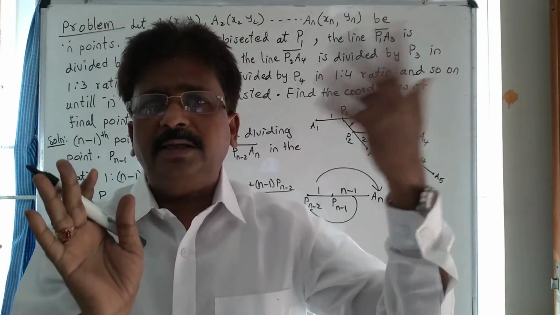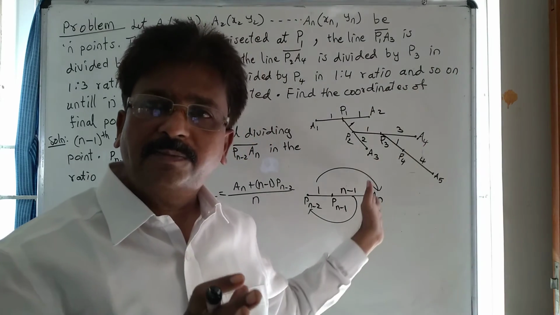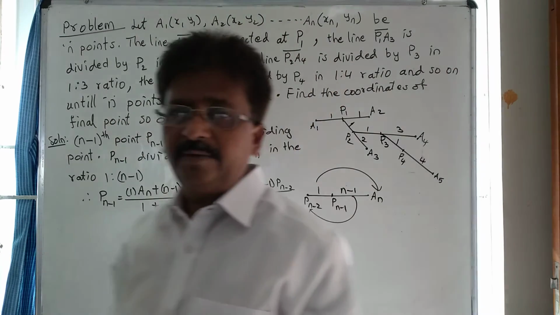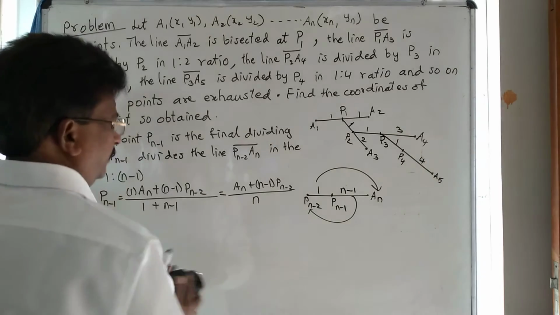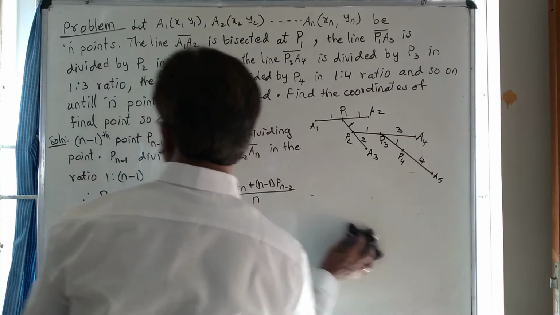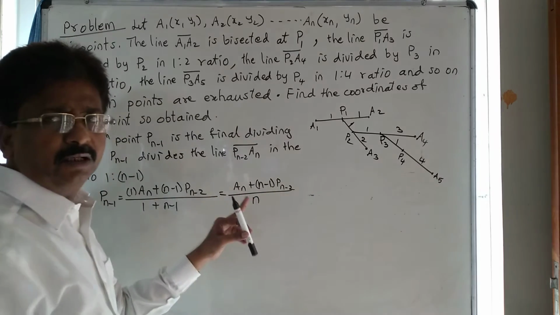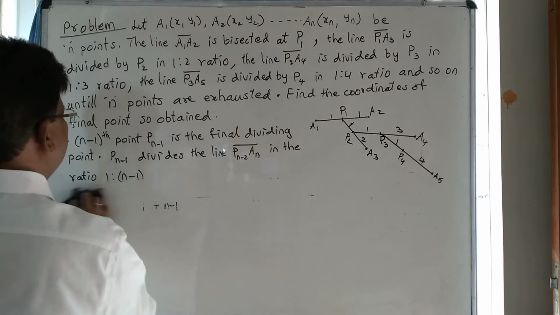By the same logic, we can apply it to the last point Pn minus 1 also. So I will write A1, not A1, P1. So this is also not necessary. We cannot write the coordinates of Pn minus 1 yet. So I am erasing it.